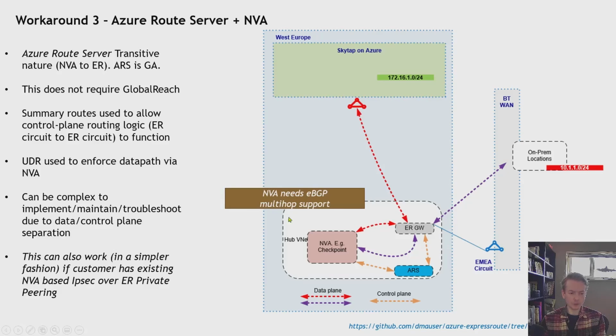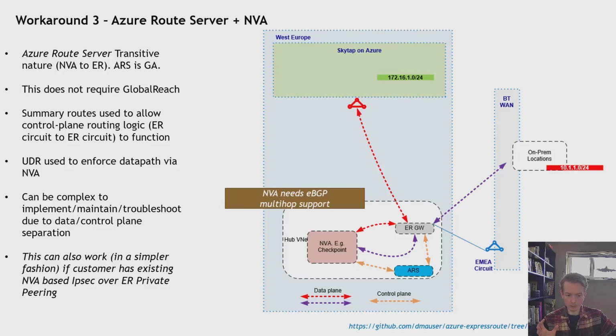And this sort of approach with Azure Route Server would also work, for example, if the customer had an existing IPsec tunnel from on-prem into Azure, so a VPN, whether it be over the public internet or over ExpressRoute. You could use Azure Route Server to bridge the world of VPN on the right, for example, with the world of ExpressRoute on the left to Skytap.